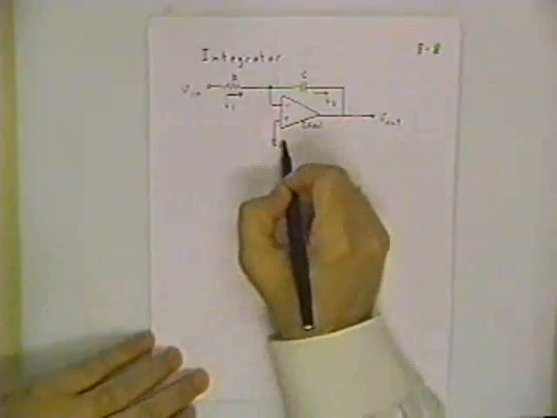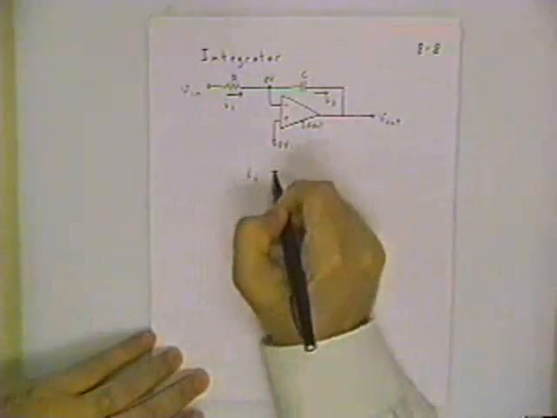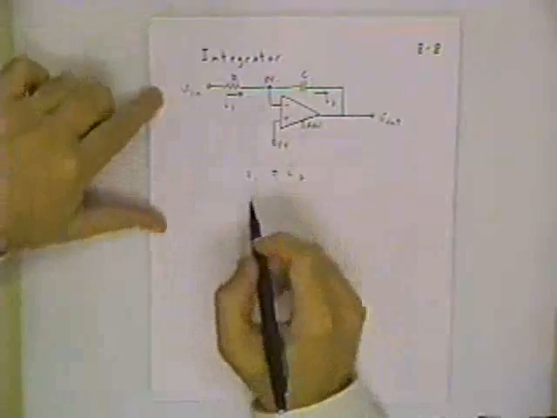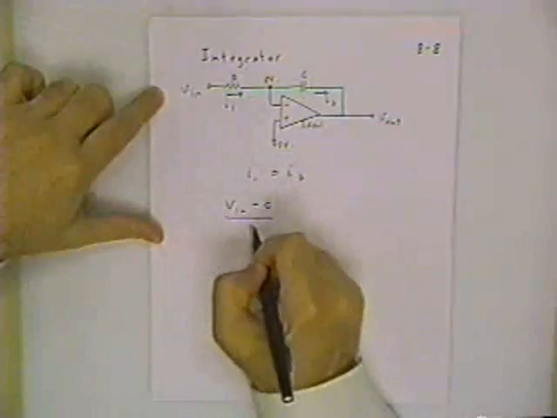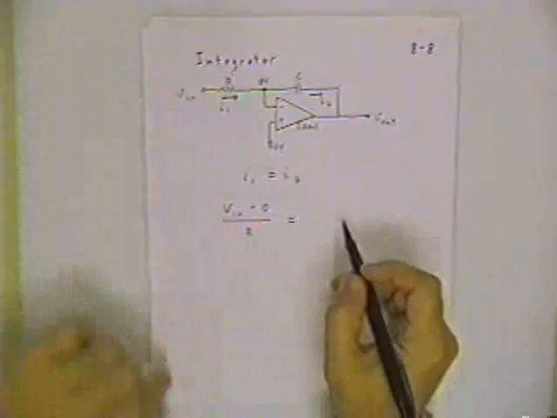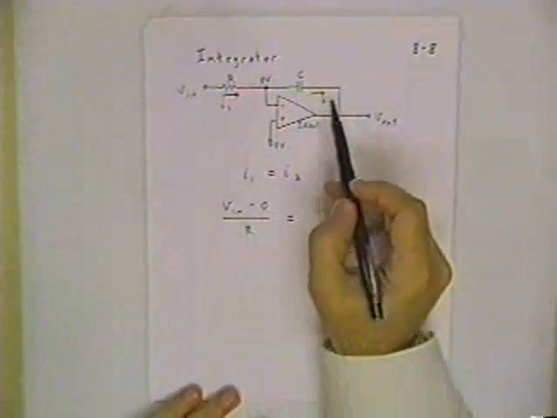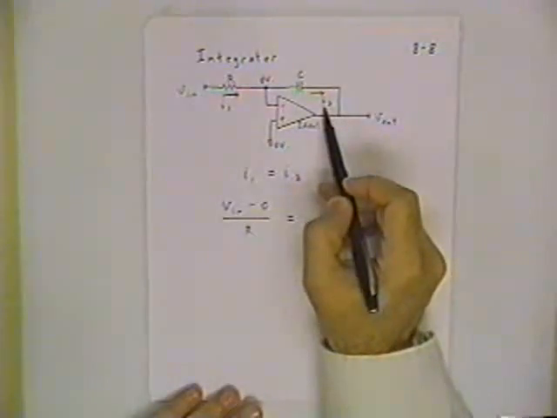We've got 0 volts at this node and therefore 0 volts at this node. I1 equals I2. I1 is the potential difference divided by the resistance, Vn minus 0 divided by R. Now, for the capacitor current, we've got a linear model that says I is equal to C dV/dt.